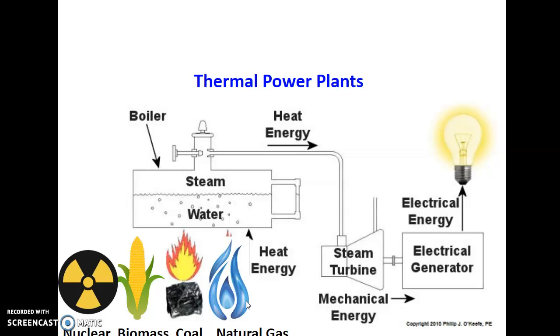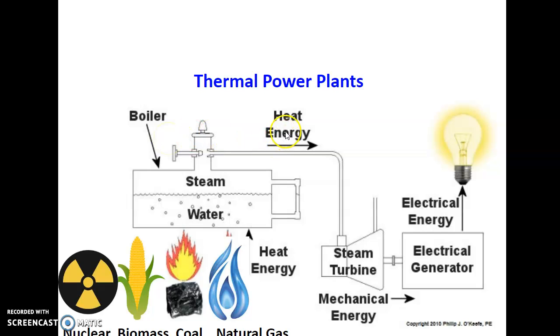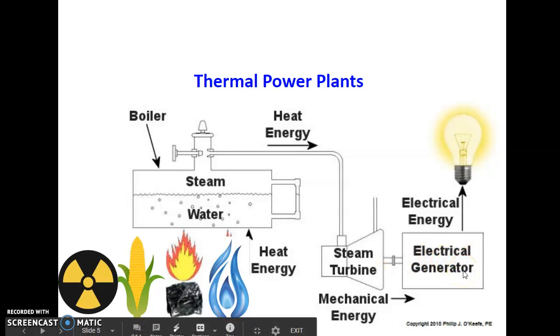These are all things that are then heated up in a power plant. They create steam in a boiler, and the energy from this steam then powers a steam turbine, which is in the form of mechanical energy. It goes into an electrical generator, and then it creates electrical energy.